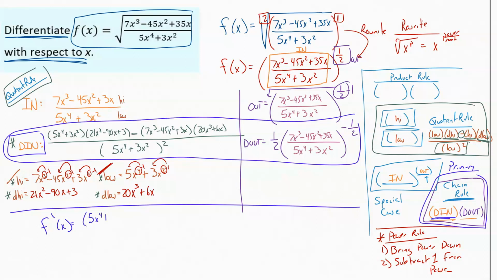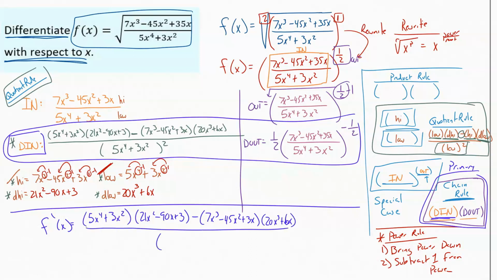So 5x to the fourth plus 3x squared, 21x squared minus 90x plus 3, all that minus 7x cubed minus 45x squared plus 3x times 20x to the third plus 6x. All of that is over the low squared, all over 5x to the fourth plus 3x squared, and that whole thing squared. So that's our d in, and now we're just going to multiply that by the d out.